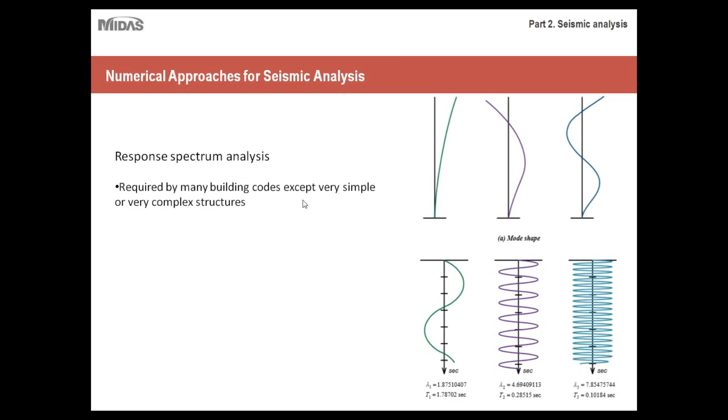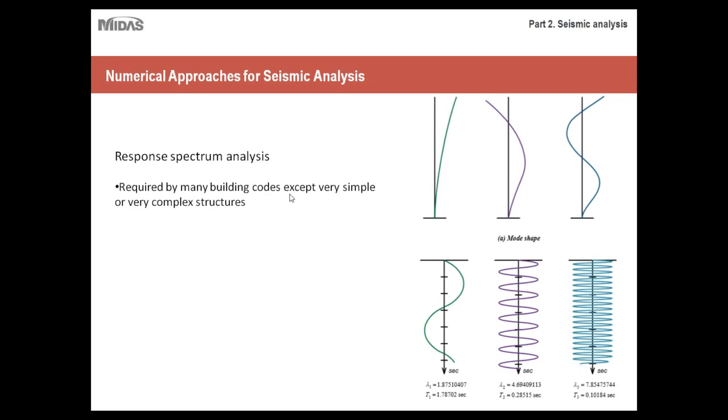But for structures in higher seismic zones, the closer you get to out west, or even here in New York in the Northeast, response spectrum analysis is used quite often because the seismic zone is still a little higher than the ones in the Midwest or Central America.